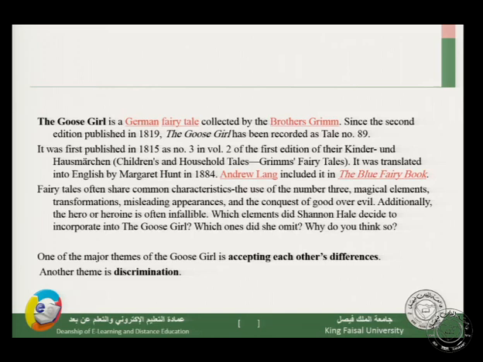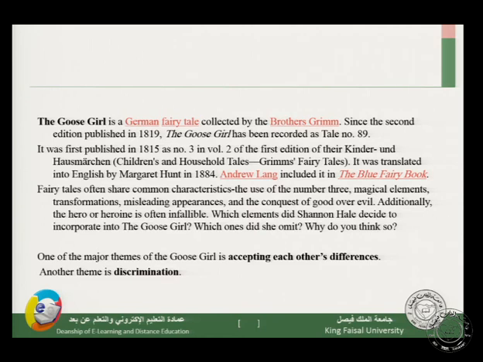Fairy tales often share common characteristics, and this is important: the use of the number 3, magical elements, transformations, misleading appearances, and the conquest of good over evil. As you know, these are common characteristics in almost all fairy tales, and that also goes for stories written for children.